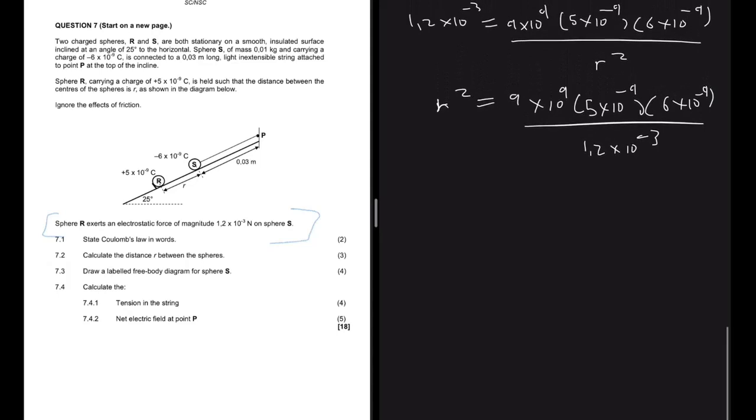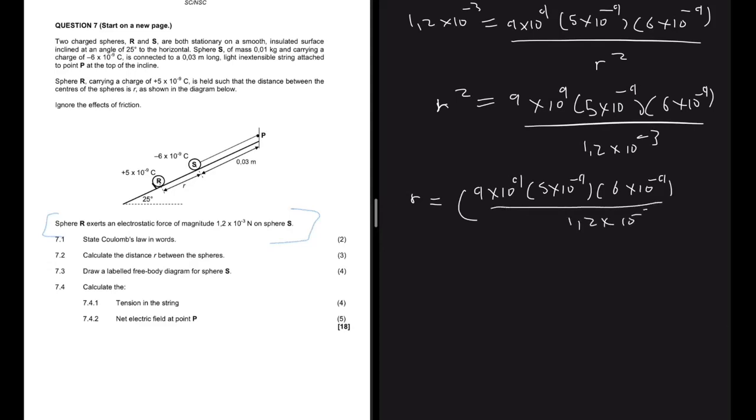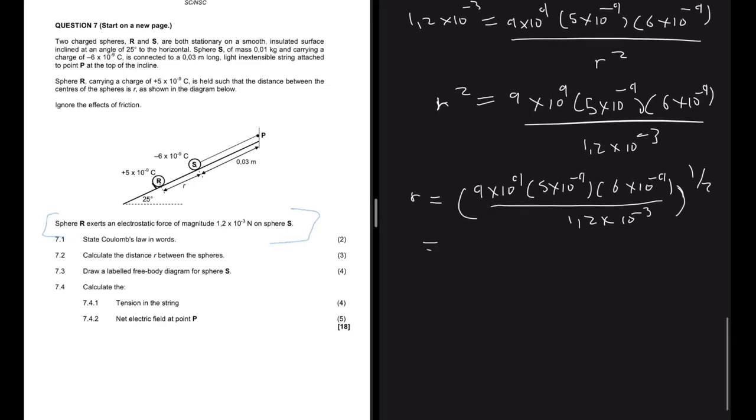So now what's left is taking the square root on both sides. So I'm going to get r equals 9 times 10 to the 9 multiplied by 5 times 10 to the minus 9 multiplied by 6 times 10 to the minus 9, everything divided by 1.2 times 10 to the minus 3, and then to the power 1 over 2. That's taking the square root. Let me put that in the calculator real quick and see what I get.